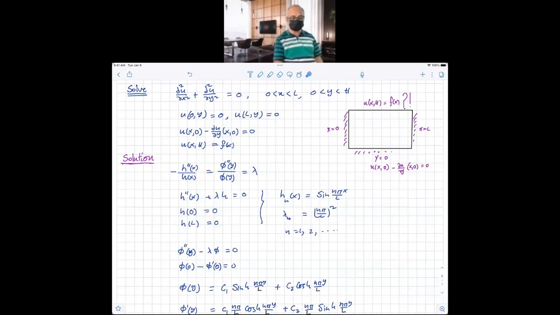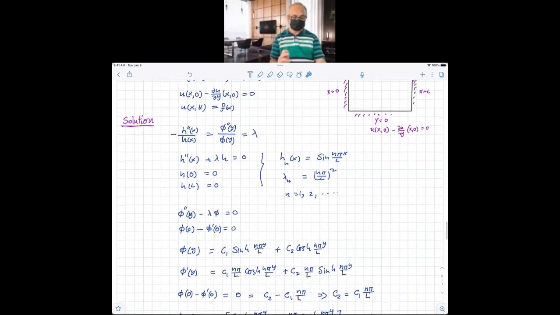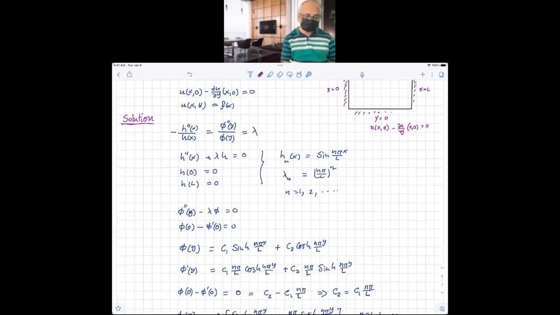And then if I put a minus sign here and put lambda plus, then definitely for h, I get an eigenvalue problem that has a sine solution. So that is something to think about under the hood to set this up.